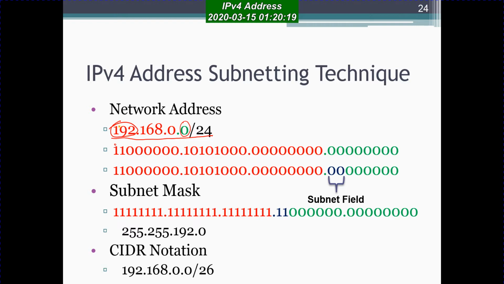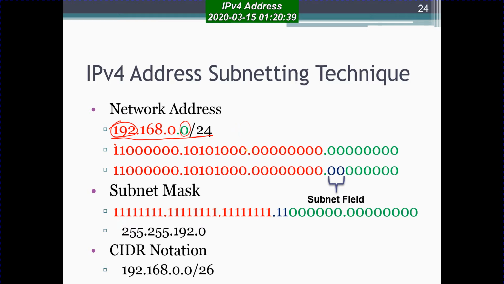So here we are identifying the network address, or the address of the network. Let's represent this in binary. All the bits in red color represent the network address, and those bits in green color represent the host address. So subnetting is very simple.